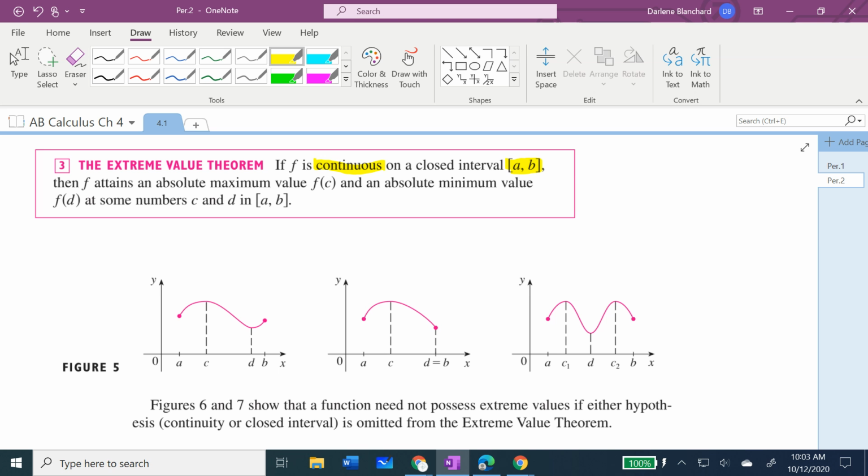Take a look at each one and see that you do have an absolute maximum and an absolute minimum on each of these 3 graphs. So this is a highest point, lowest point. Highest point, lowest point. And then highest point occurring more than once, and a lowest point.